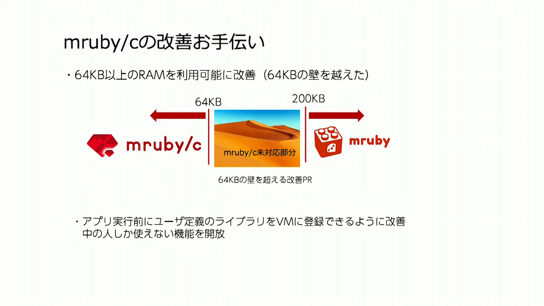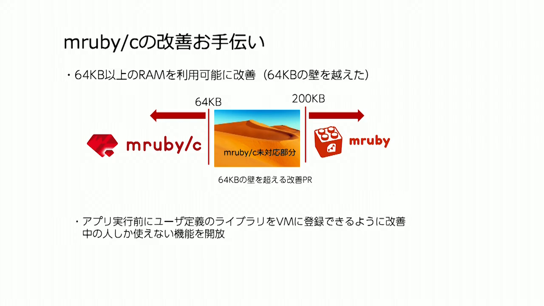And while working on this, I realized you need to do both to understand this. And I try to make mruby smaller and smaller, but the limit is 200 KB. And mruby/c can be much smaller, but you cannot use over 64 KB.